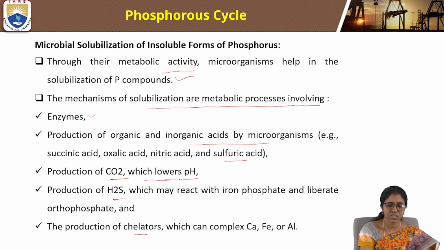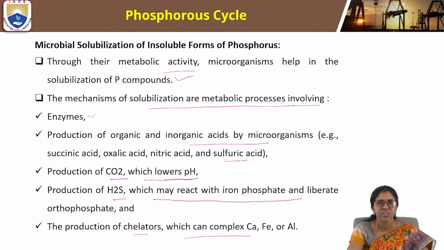Production of CO2 lowers the pH. Production of H2S may react with iron phosphate and liberate orthophosphate. And the chelators can form complexes with calcium plus 2, iron and aluminium salts. So this is the microbial solubilization of insoluble forms of phosphorus.